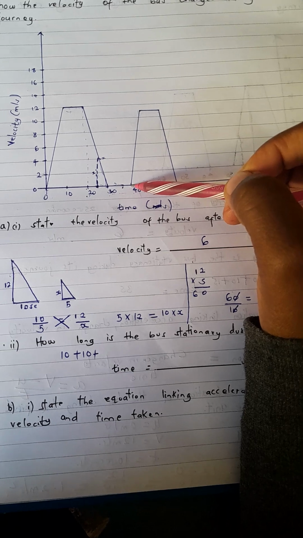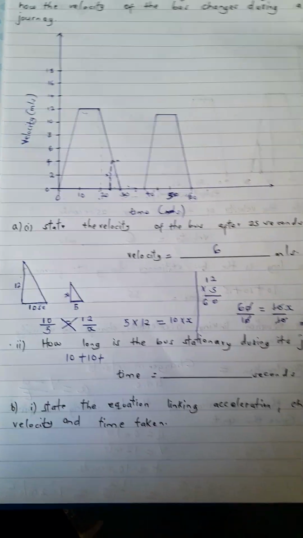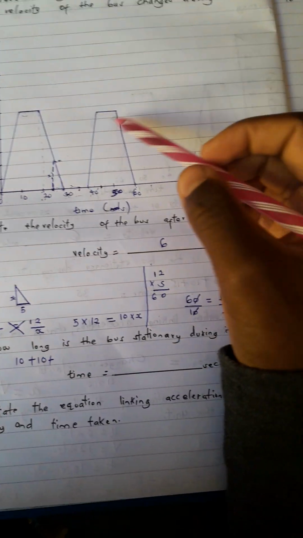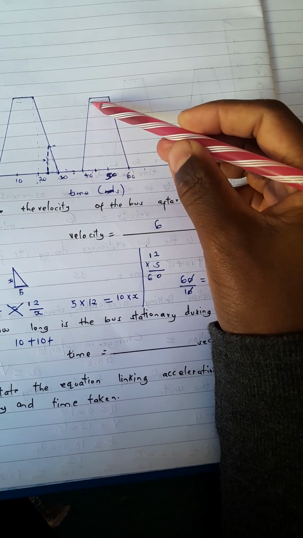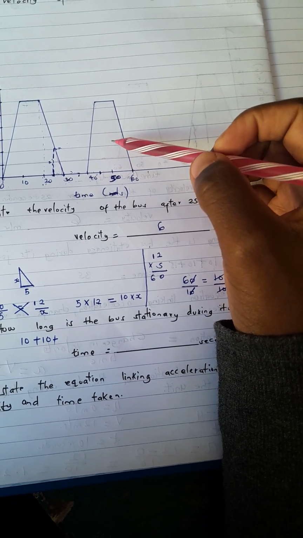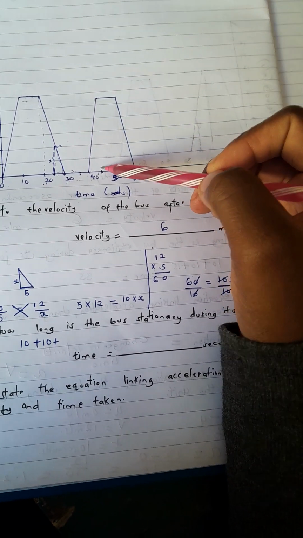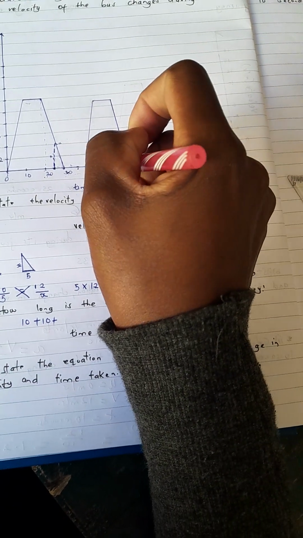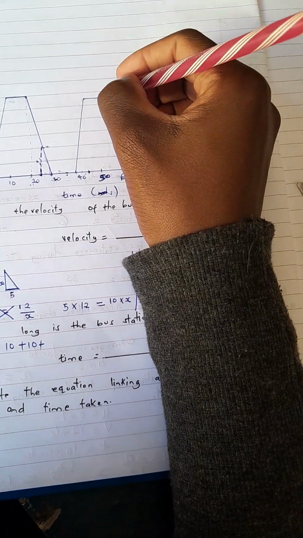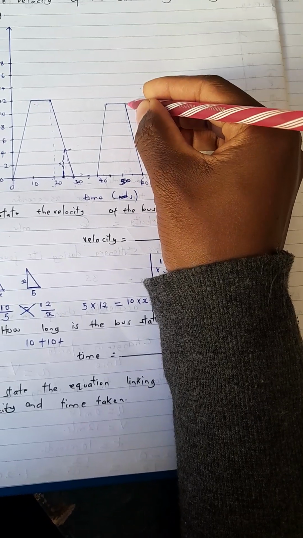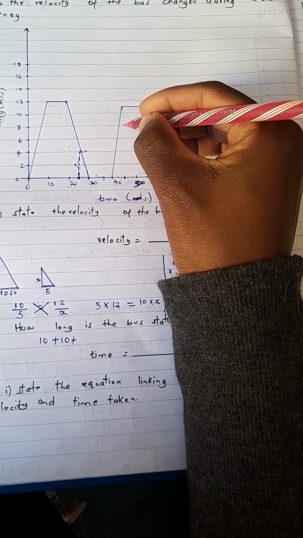I'm sorry for this graph, it's not correct to the point, but allow me to use the graph that I drew as an example. So the bus took a rest at 45 seconds. Then again, if I consider this is 55, let me just draw a perpendicular line here.